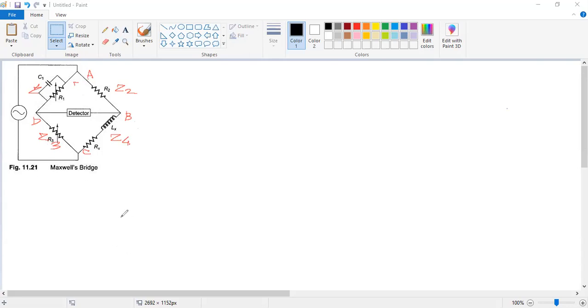Now we can find the impedance. Z means impedance. This is Z1, so we can find out the impedance.